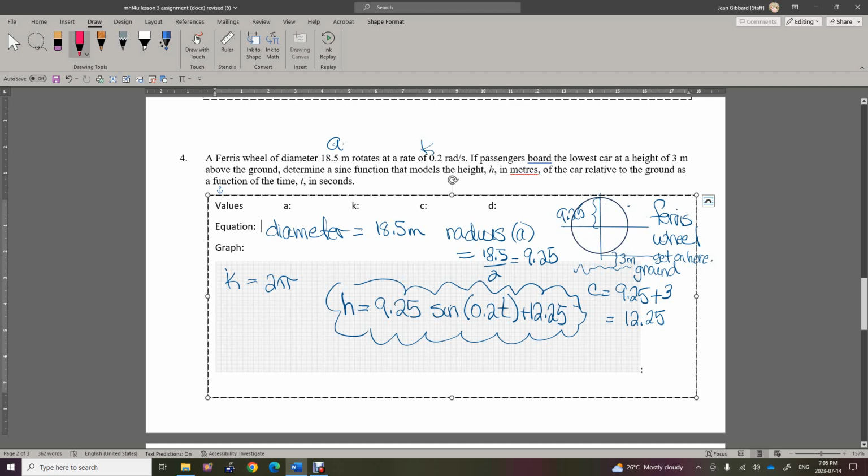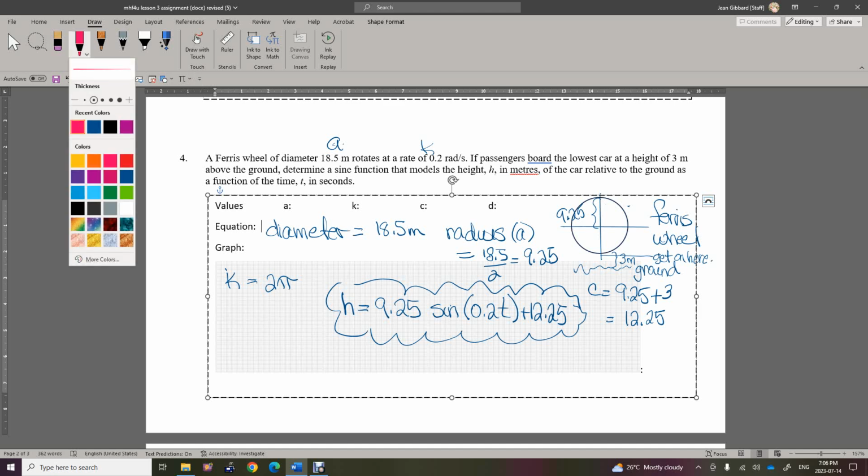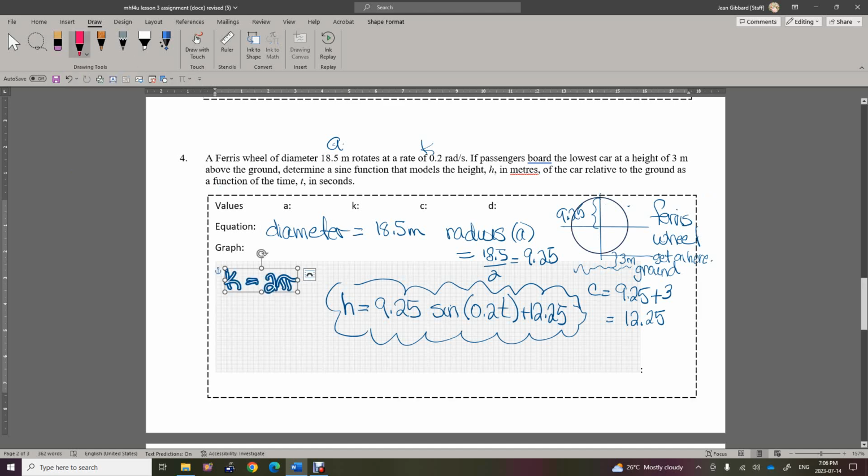The next thing we know is that it rotates 0.2 radians per second. So from that, we can find out K. Now, remember that K here is 2 pi divided by the period.